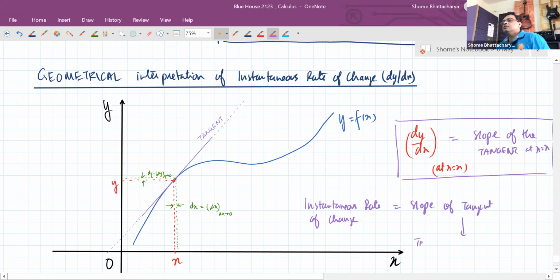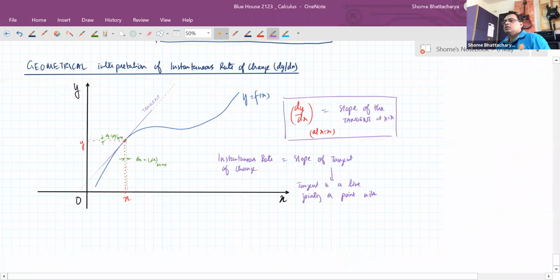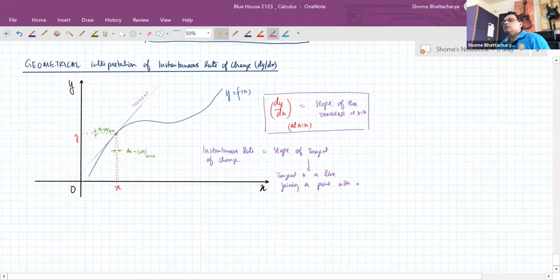So a tangent line joins a particular point, let's say a point at x equal to x, with another consecutive point, x equal to x plus dx, on the graph.